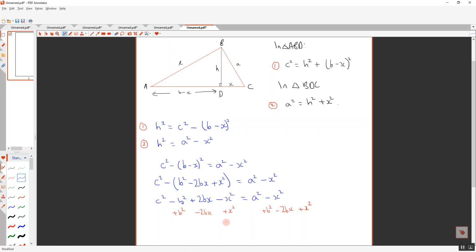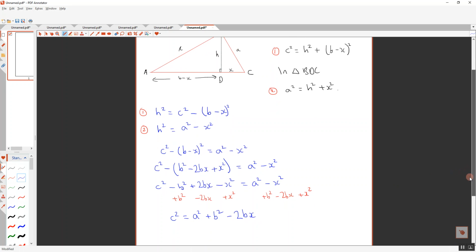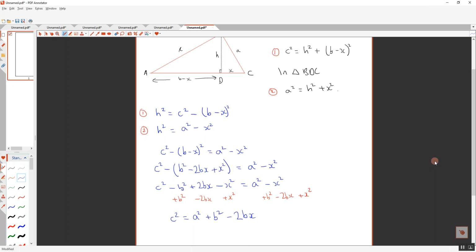So on the left hand side, I'm just left with c squared. On the right hand side, I've got a squared plus b squared. What happens? The x squareds are going to cancel, and I've got minus 2bx. Alright, so we're getting closer and closer to the cosine rule.